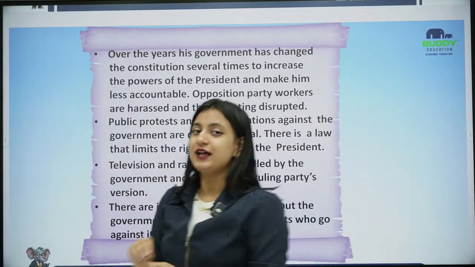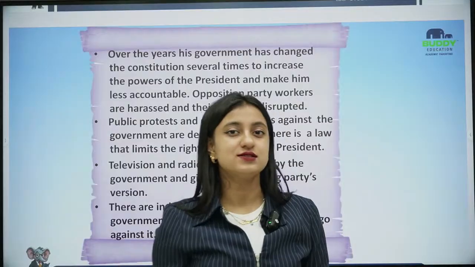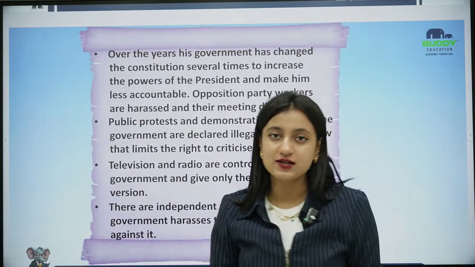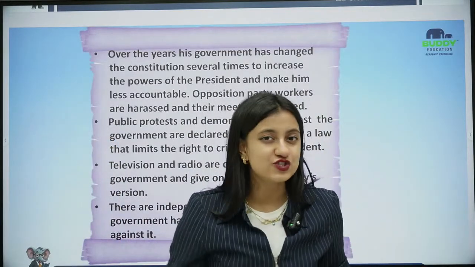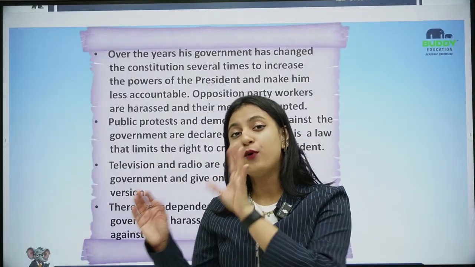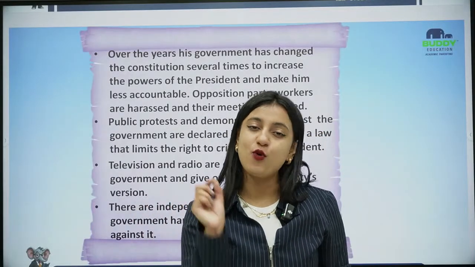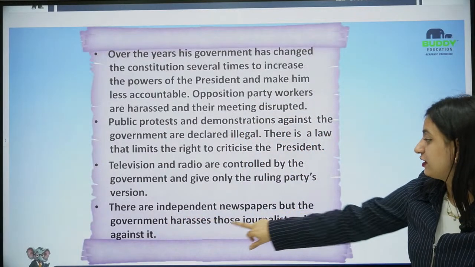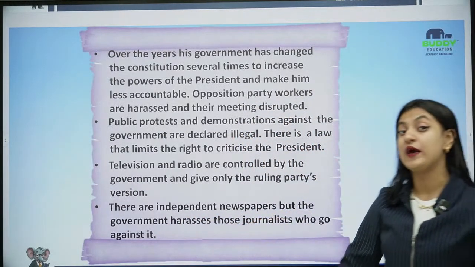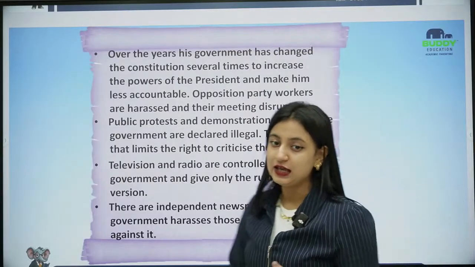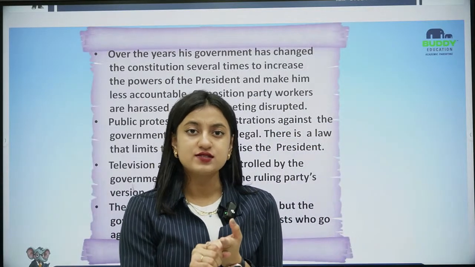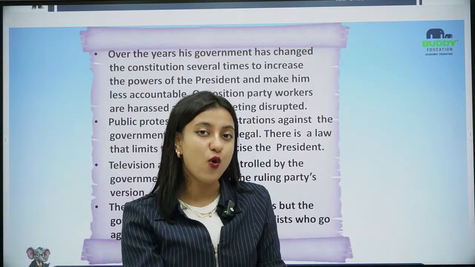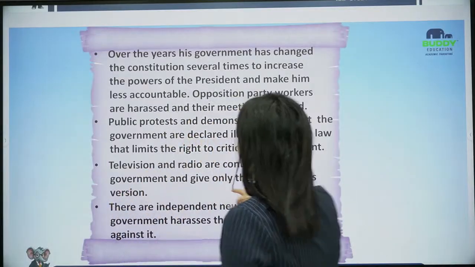So, whenever that happened, he banned all the news channels, he banned all the media, he censored all those channels and only pushed those channels that spoke highly of him, right? So, these are the independent newspapers, but the government harasses the journalists who go against it. So, there was constant blackmailing, harassment, constant bullying of the people who spoke loudly against Robert Mugabe.